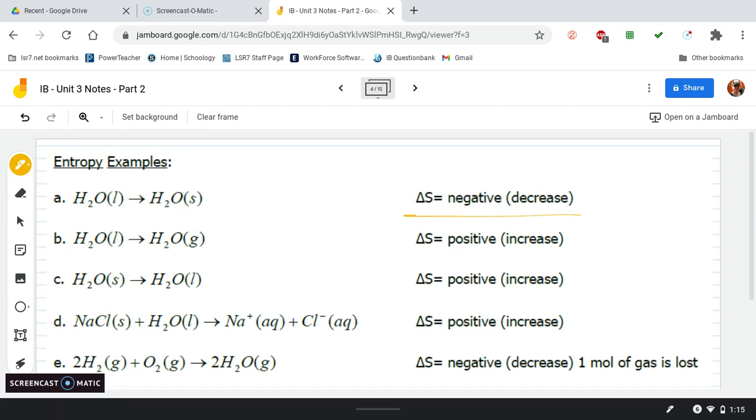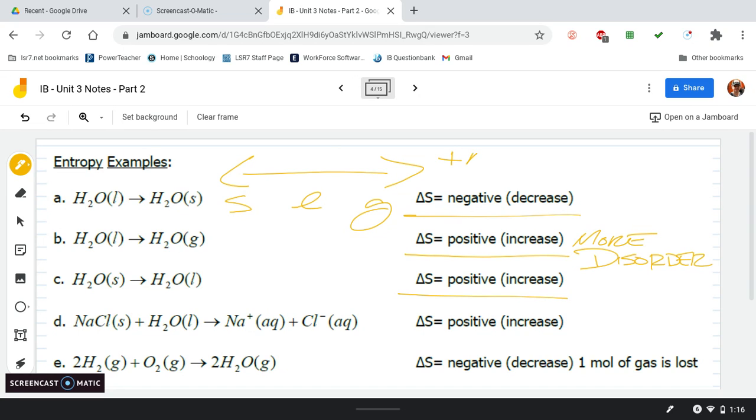Liquid to gas is positive because we have more disorder, particles bouncing around. Solid to liquid: with solid, liquid, gas, this side is the positive delta S, and this side is the negative delta S. That's how I would think about it.